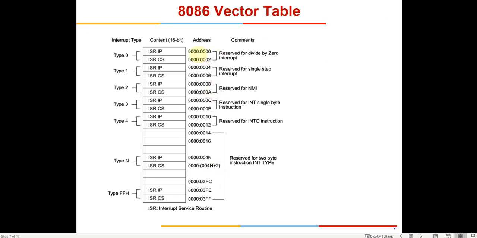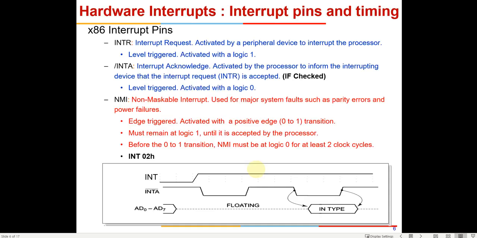Could you once again explain the INTA bar? Why does it go up and down? It goes down and then up and again down. There, actually 2 clock cycles are required. In the first clock cycle, because there will be many IO devices connected, though they might be giving signals in parallel also.